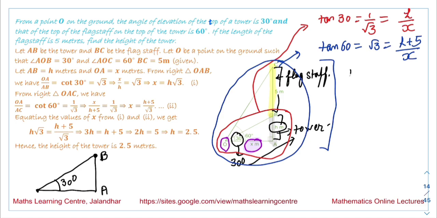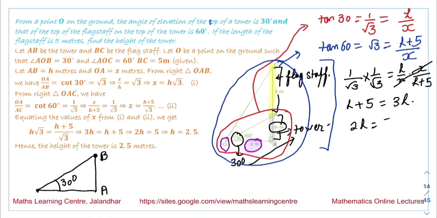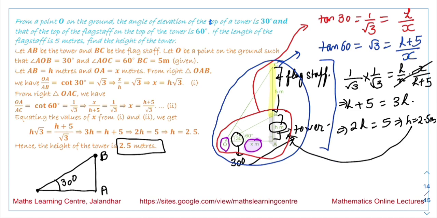If we divide these two equations, we get 1 by root 3 into 1 by root 3 is equal to h by x into x by h plus 5. These two x get cancelled. We are left with h plus 5 equal to 3h. So we get 2h is equal to 5, so h is equal to 2.5 meters. The height of the tower is 2.5 meters.